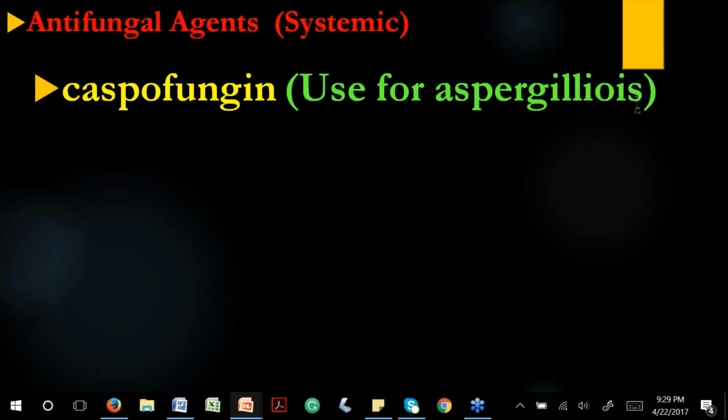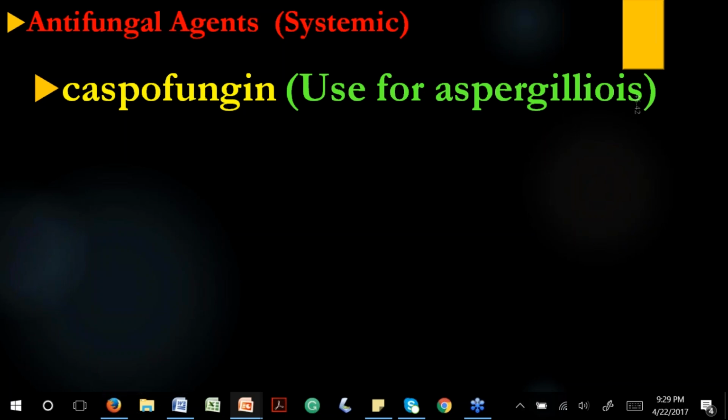We have antifungal agents. Again, we have the caspofungin. This is one of the latest and very effective medications, used for aspergillosis. So what is aspergillosis? Aspergillosis is a fungus. It has three different forms. It could be fungal balls that are mostly in the lungs. Another could be allergic.